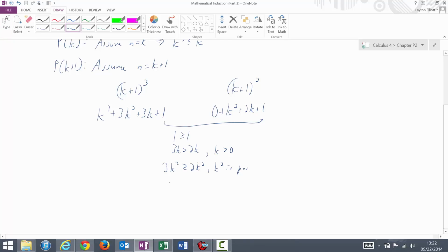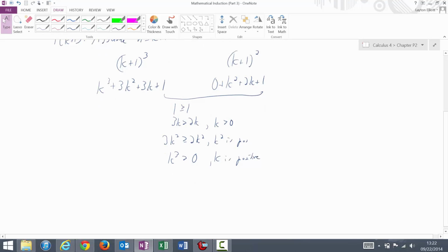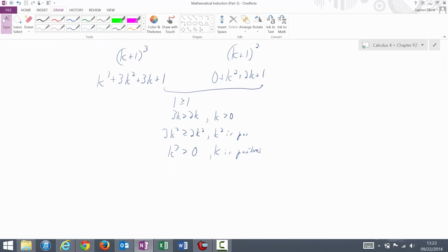And furthermore, I know that k cubed is greater than 0, because k is positive. So by the additive property of inequalities in algebra, I can add up all my sides and say that k cubed plus 3k squared plus 3k plus 1 is greater than k squared plus 2k plus 1.